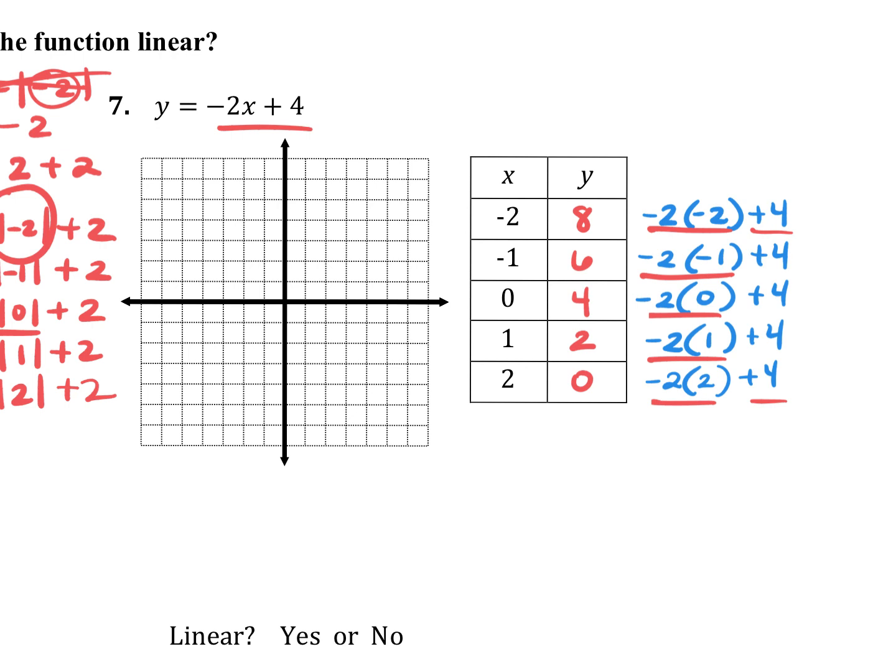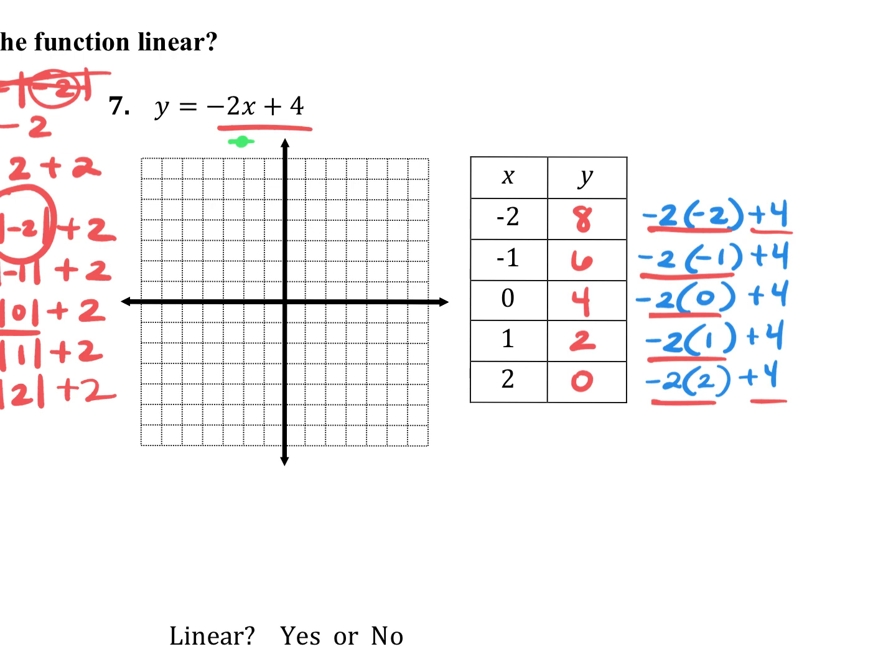Okay. So you find all of those individual points, and then you plot them. This first one goes off of the graph a little bit. So negative 2, that's 2 to the left, and then 1, 2, 3, 4, 5, 6, 7, 8 would be up there. Just add yourself a line.